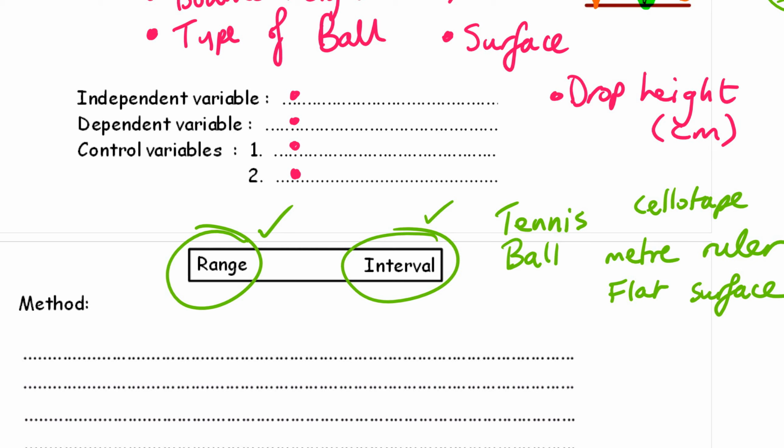This could be done visually, or a mobile phone could be used to take a picture of how high the ball bounced to. Record these results in a table. Repeat each drop height only once.